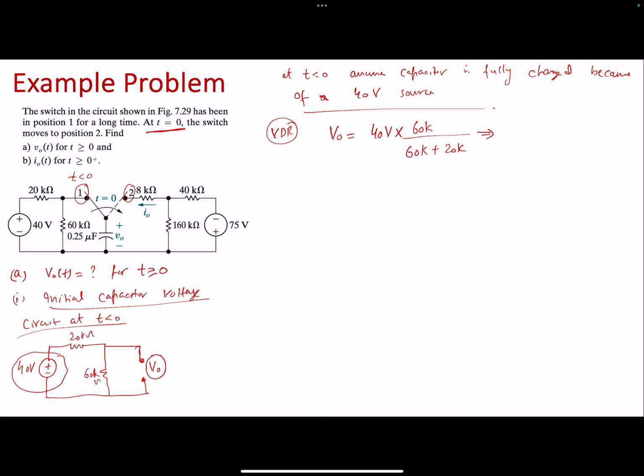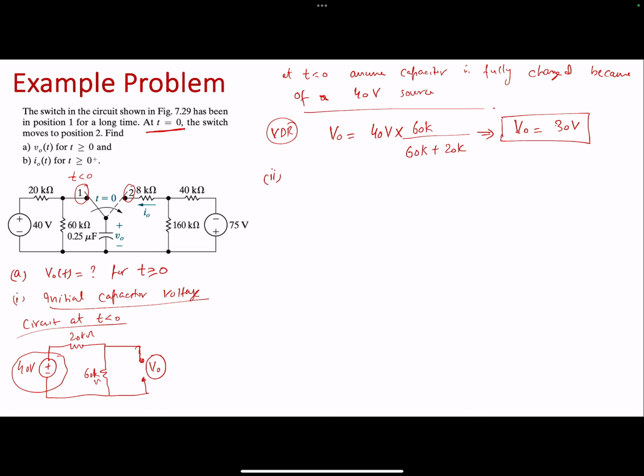If I solve this, I get the initial voltage of the capacitor to be 30 volts. Okay, so this is good. This is the initial voltage of the capacitor. So I ended up finding the first thing.